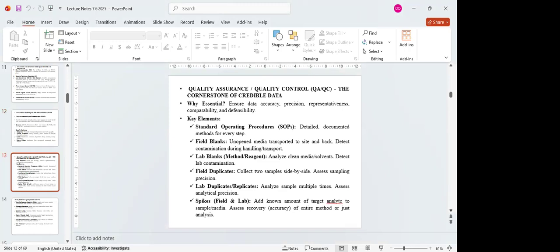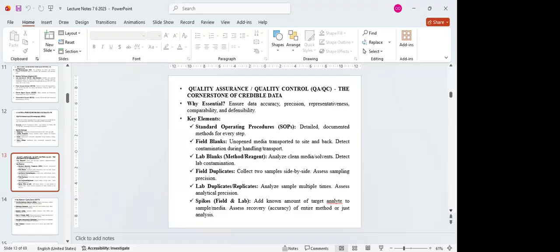Now, quality assurance, quality control, we have QA, QC. How do we ensure that this analysis is well done? How do we ensure out error?